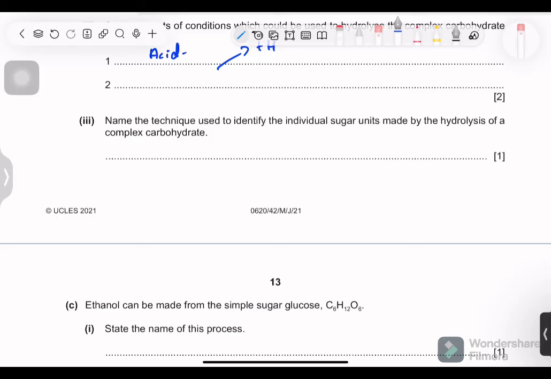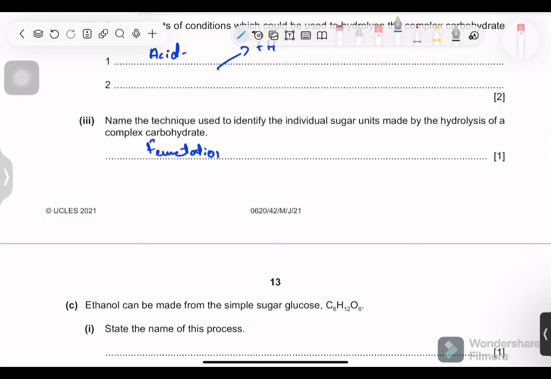Okay, so when glucose is acted on by yeast, then what is formed? Ethanol. So that is fermentation. There are two ways to make ethanol.